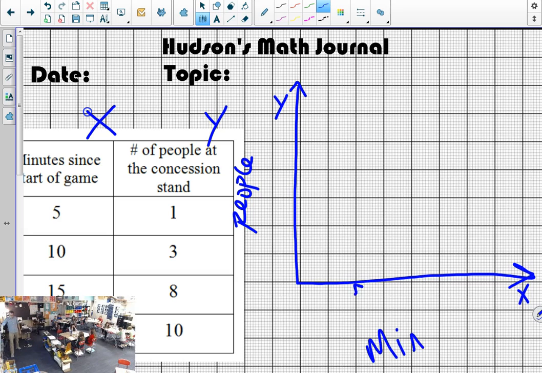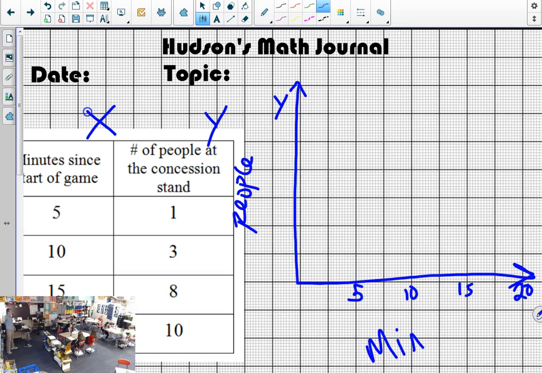So I go 2 boxes, 5 minutes, 2 boxes, 10 minutes, 2 boxes, 15, 2 boxes. At the very end of my x-axis on my paper, I'll have 20. The biggest thing that we have to care about here is that each jump is the same. So now each box here is 2.5. That does not mean these boxes have to jump by the same thing.